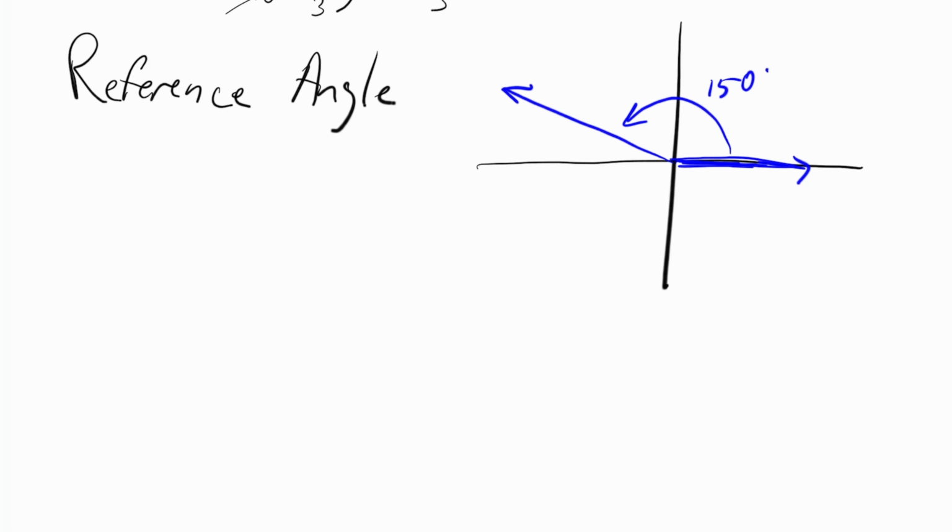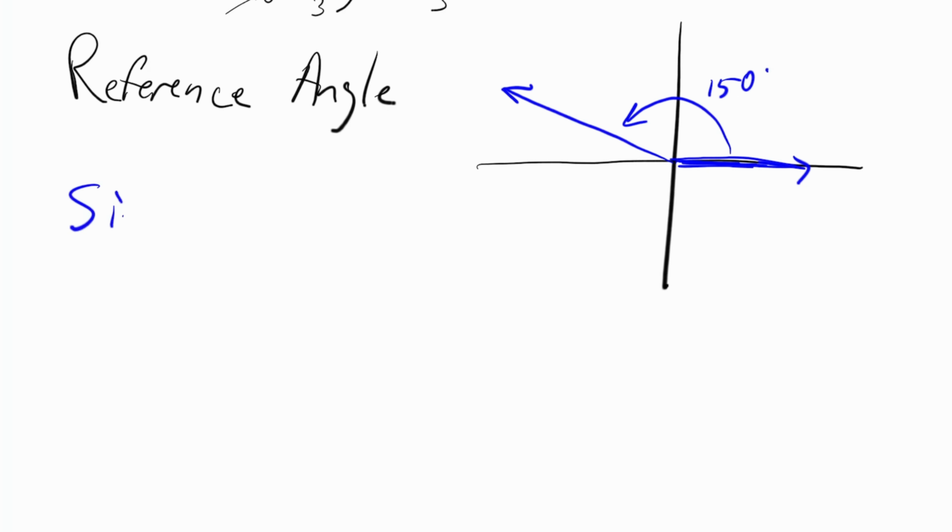And here's what I mean. If I have the XY grid here, and I have an angle that starts off as usual on the x-axis, but the other side goes over here and creates a 150-degree angle, how can we get the sine, for example?